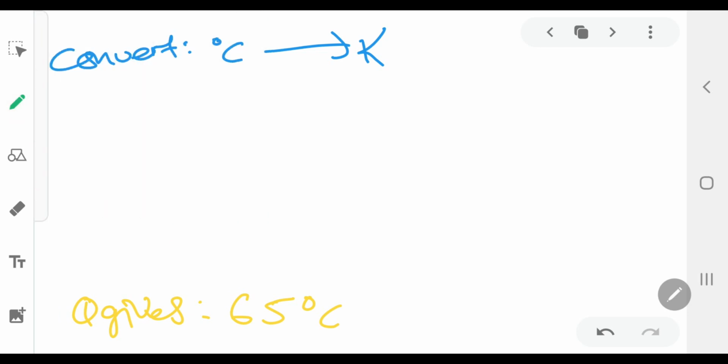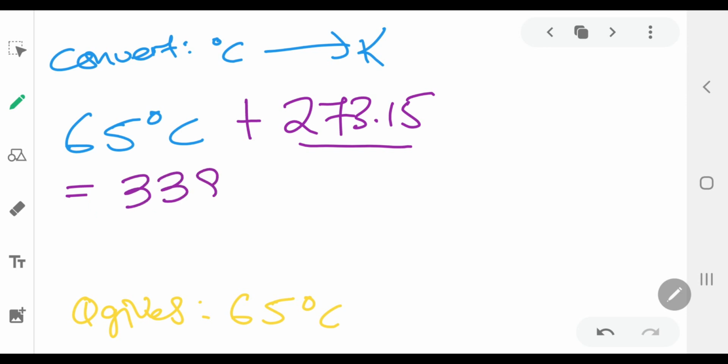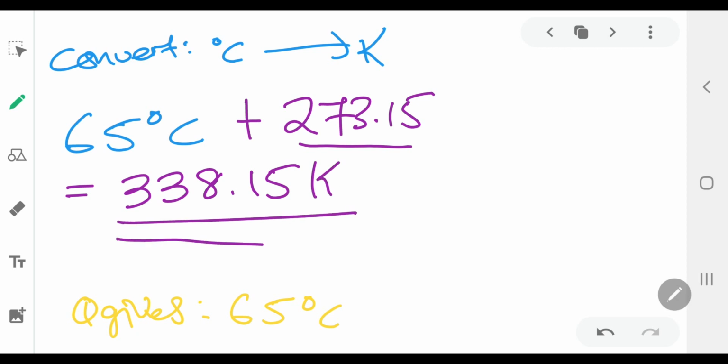Okay, so how do we do that? 65 degrees Celsius, you're going to plus 273.15. So this number will always be the same if you want to convert degrees Celsius to Kelvin. And you should be getting something like 338.15 Kelvin.